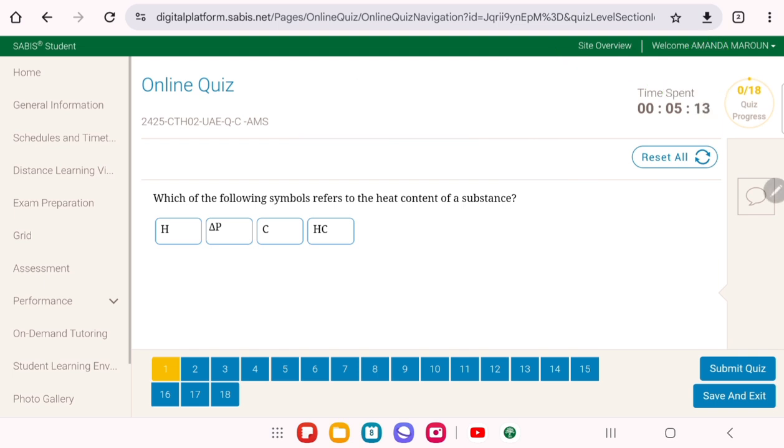Now, finally, we have the calorimetry. There's an equation that is related to calorimetry.